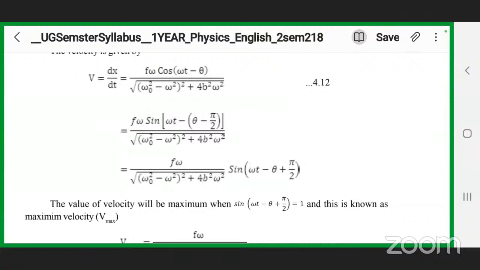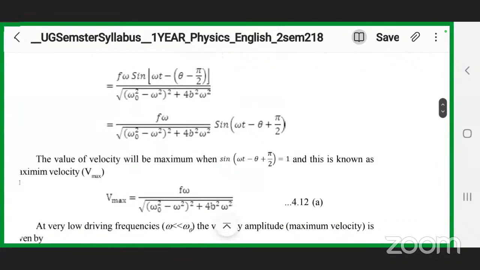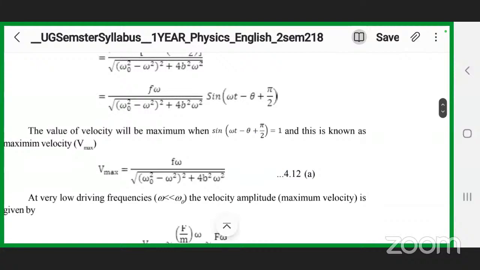The velocity is maximum for a forced oscillator when the sine equals 1, that is when omega t minus theta plus pi by 2 gives 1. So you can call this the maximum velocity of the forced oscillator. This value becomes 1, so you can neglect it, and the remaining is equation 4.12.